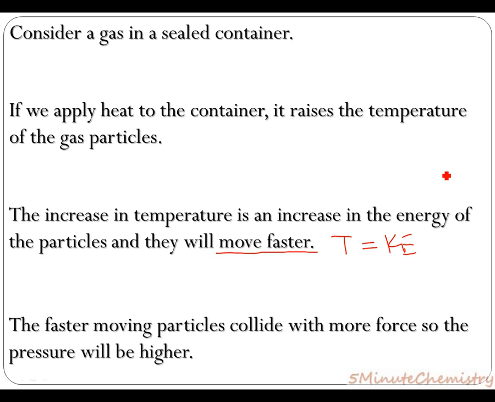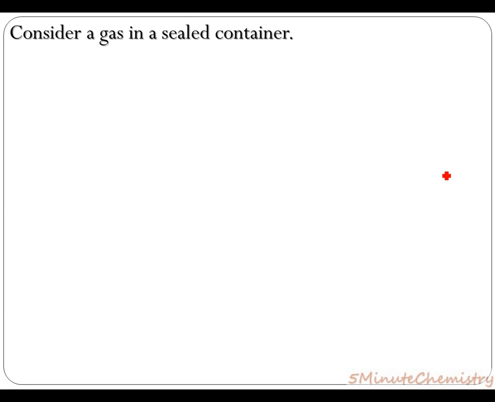So next, we want to consider another pairing of factors. Instead of a change of temperature or pressure, or volume I should say, what we're going to keep constant in this case is pressure.